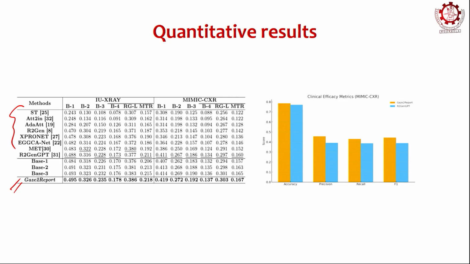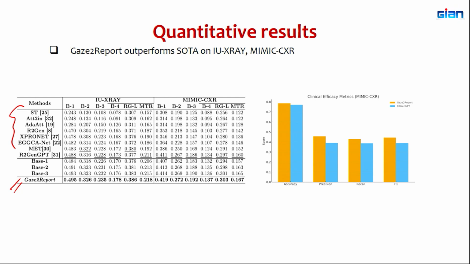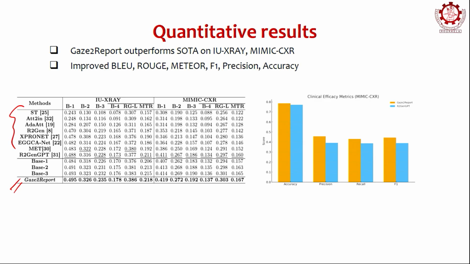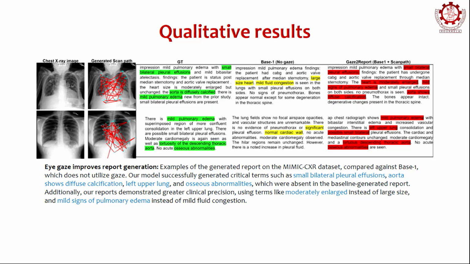And this was found to be true not just for these NLP metrics like BLEU score, ROUGE score, but also for the clinical efficacy metrics that we just discussed. So it outperforms state of the art on the 2 different data sets that we saw. It improves scores across the board, and it's better than most of the baseline comparisons that we had.